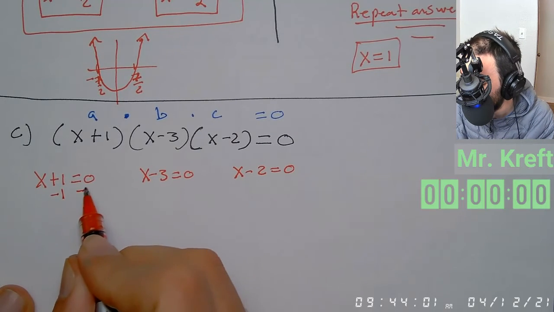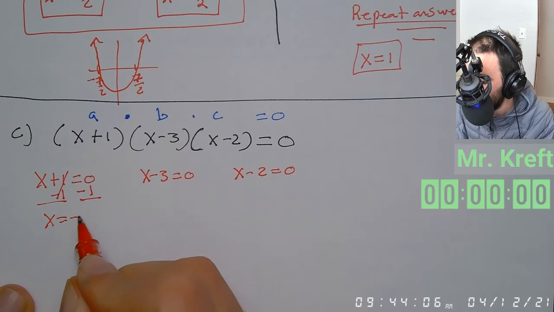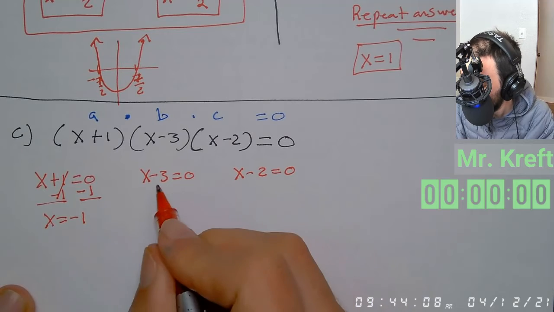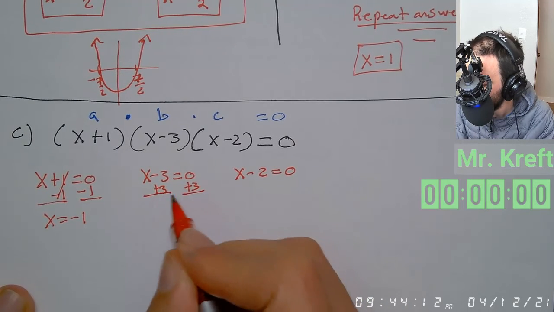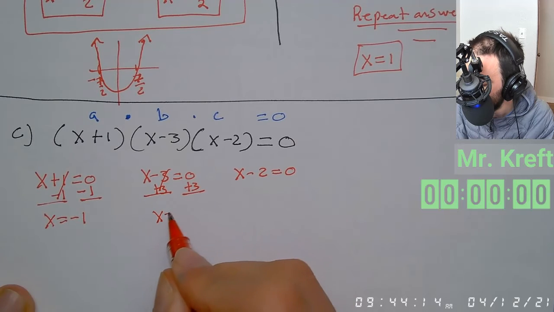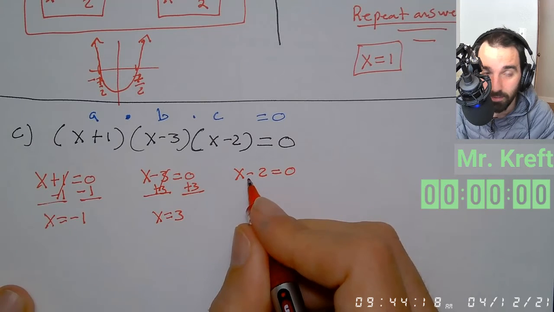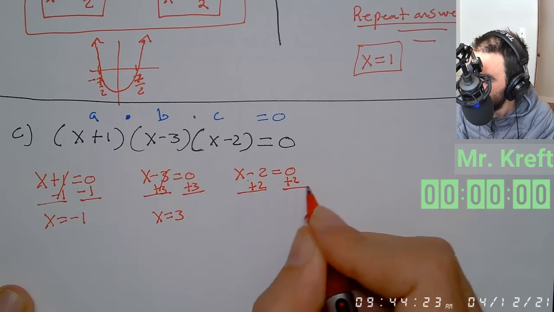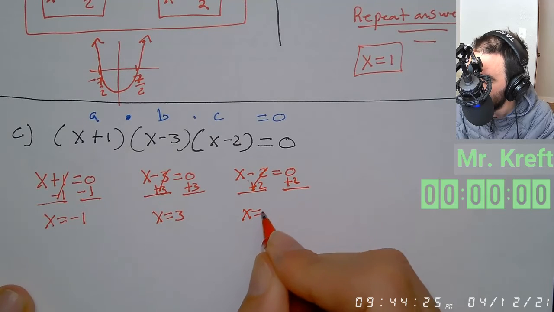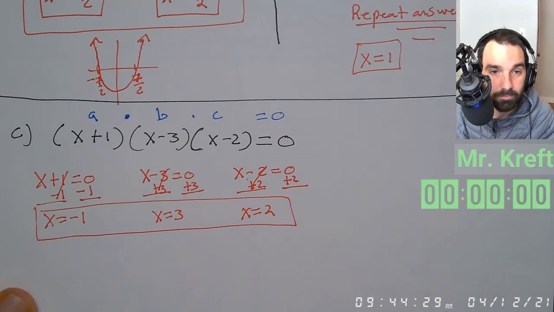So I'm going to subtract 1, so I'm going to have x equals negative 1. This is minus 3, so I'm going to add 3 to both sides, so I'm going to have x equals 3. And here I have x minus 2, so I'm going to add 2 to both sides. So I get x equals 2. And these are all my answers. I have 3 answers.